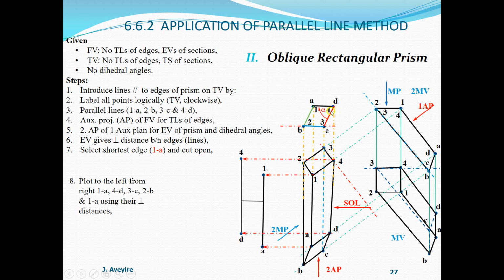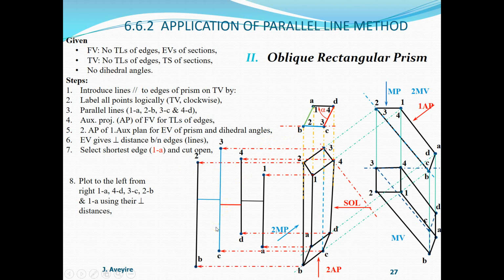I take the perpendicular distance between the two lines, insert it there, and then 3C comes. You project 3 to get that, and C to get that. Then the next perpendicular distance comes in, and then you get 2B, 2 here, and then B here. Then the next one is to go back to 1A. So again, that's the perpendicular distance, and I come to 1A.